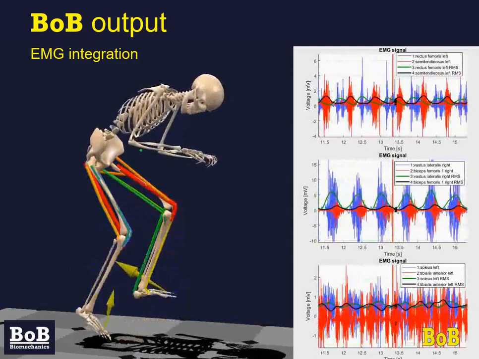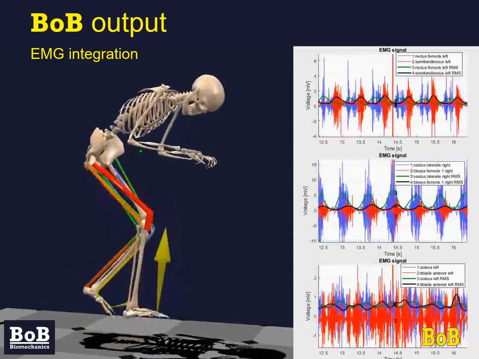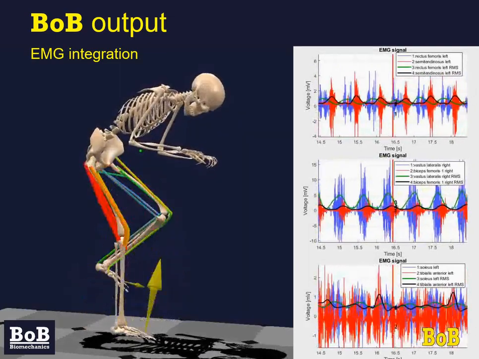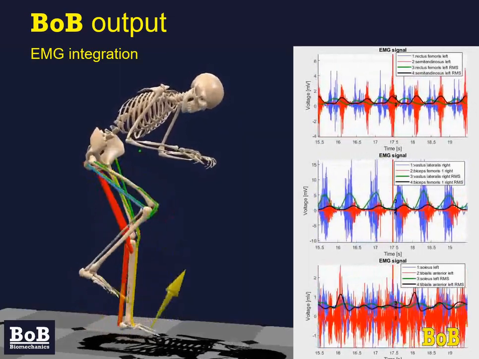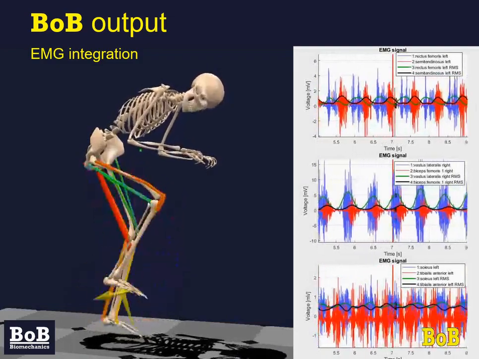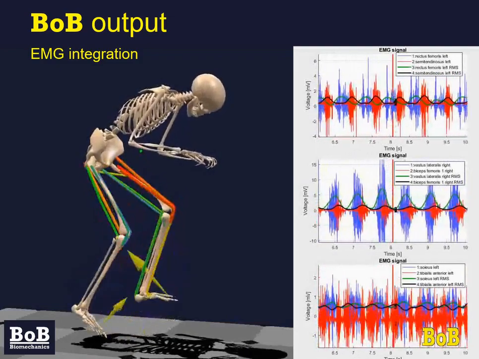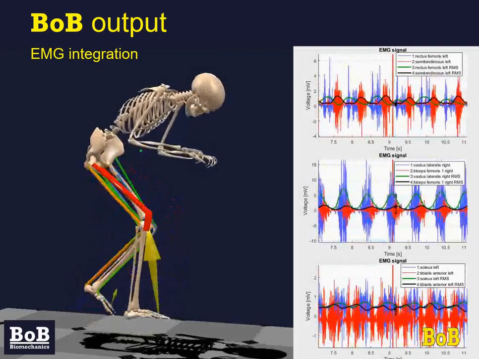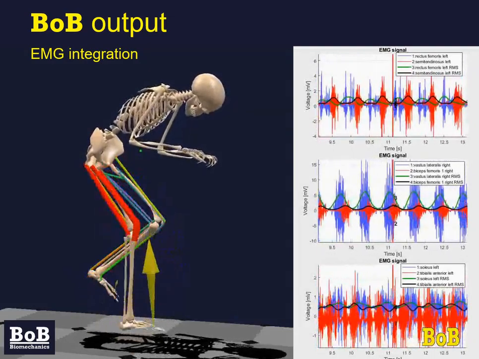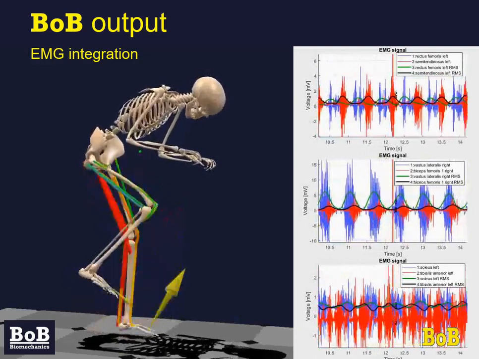BoB can also synchronize human movement to EMG recordings of muscle activities. In this illustration, we've got somebody on a stationary bicycle and they have a number of EMG sensors attached to their legs. The signals that are being generated by these sensors is shown over towards the right-hand side of the screen.